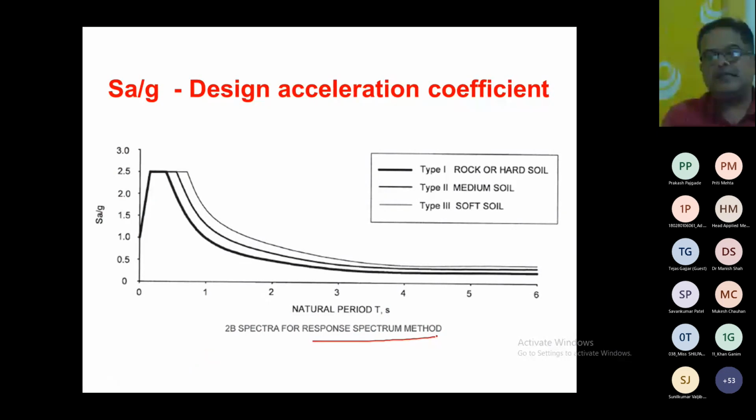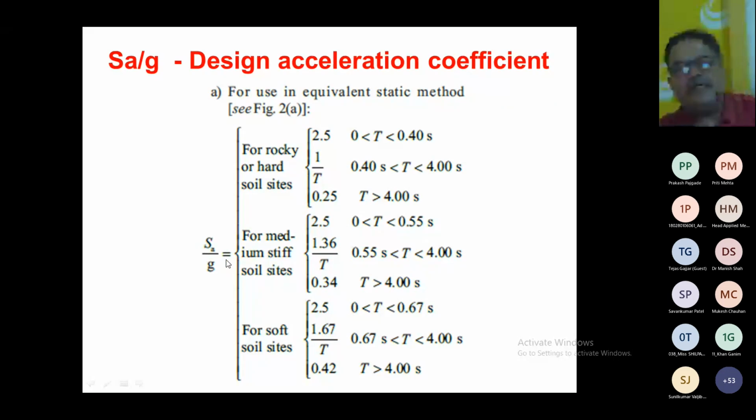If we are talking about the response spectrum method, then again there are three curves, but here from 0 to 0.1 second there is an increased response, and this is 0.4 second, right? So this is given in the code, and these values are already given in the form of an equation also.